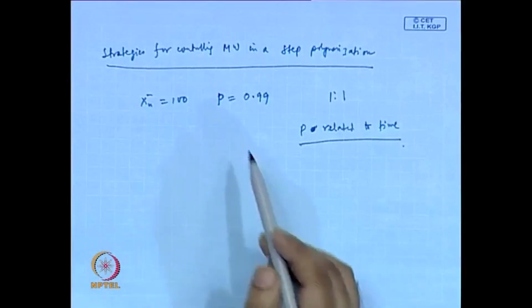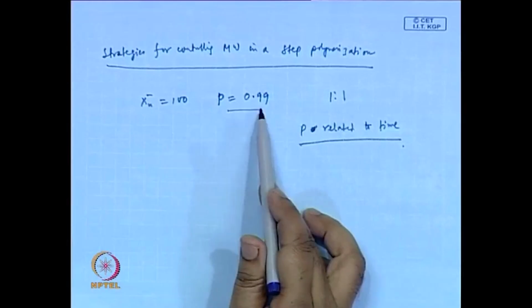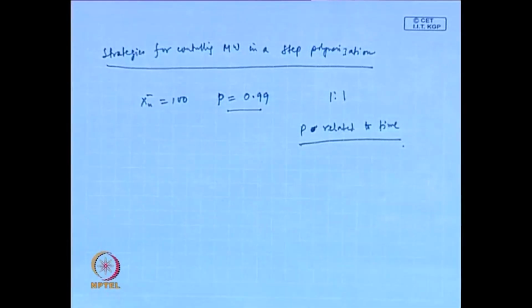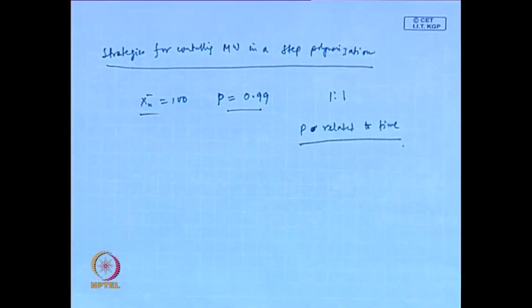So, you can always say that if you stop the reaction at such a time which corresponds to a P of 0.99, then we will get a molecular weight corresponding to a degree of polymerization of 100. As simple as that.